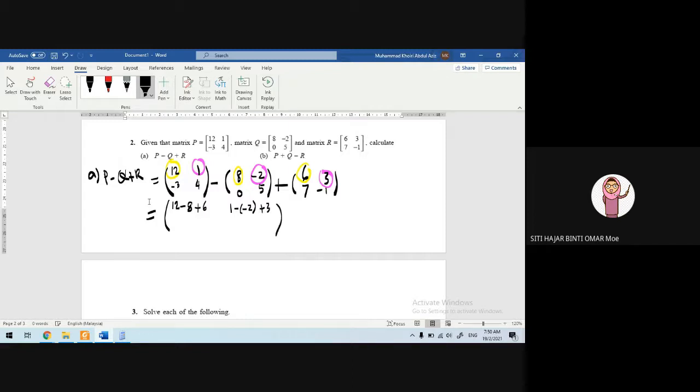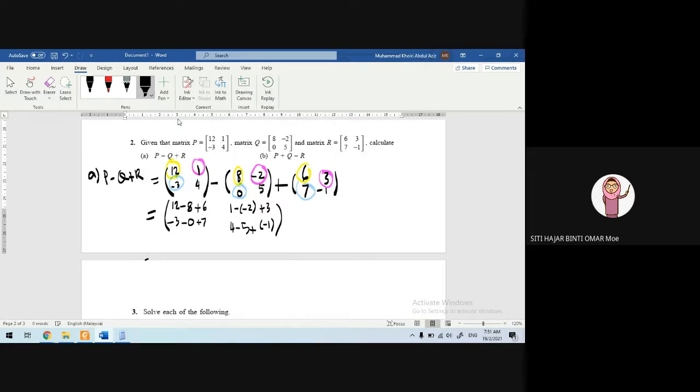Okay. Next. Negative 3 and 0, 7. Okay. Negative 3 minus 0 plus 7. This, and then our last one is 4 minus 5 plus negative 1. Okay, contoh. Alright. So, our answer, this is the second step.